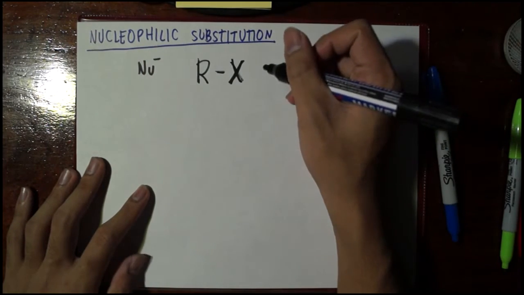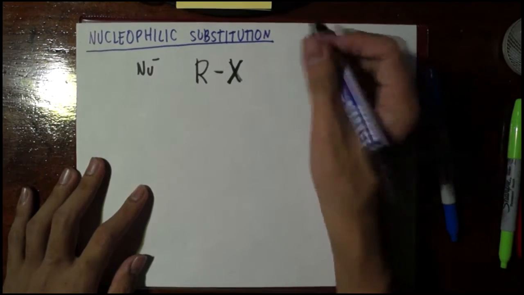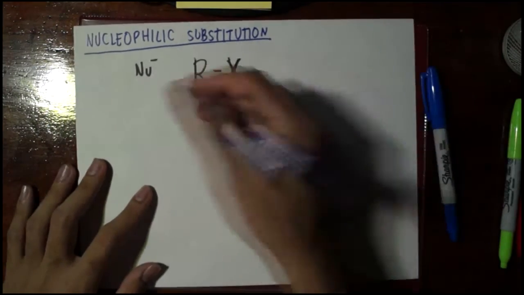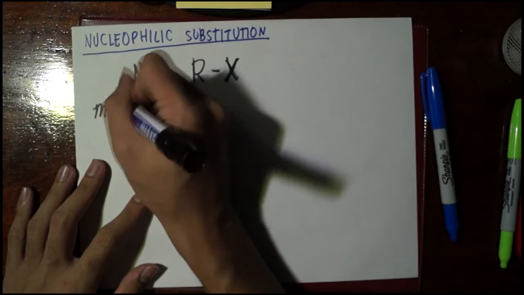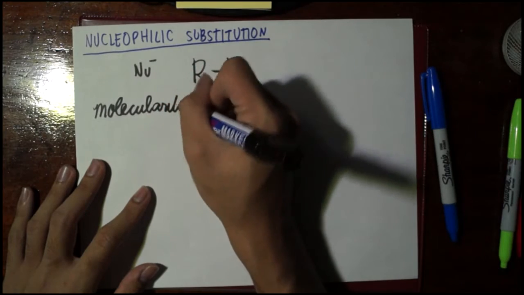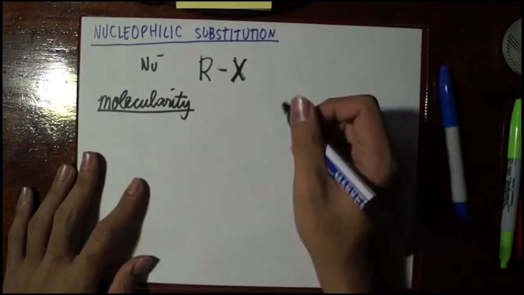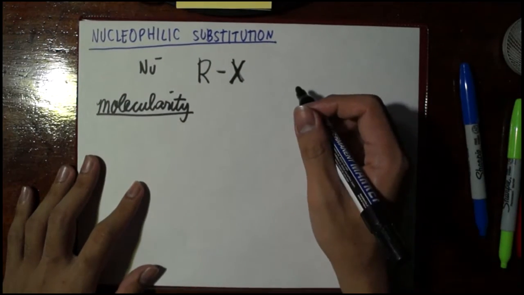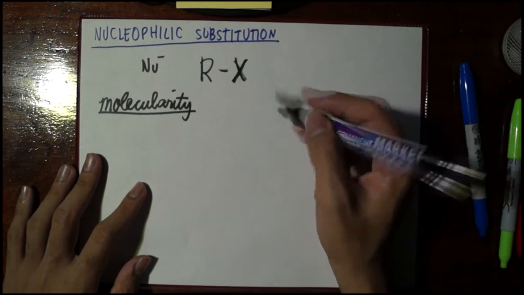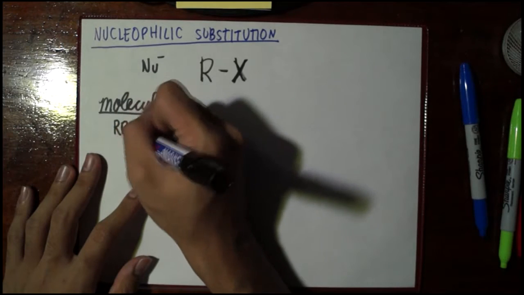So here there are actually two options that would happen in the reaction, and it would depend on what we say, the molecularity of the reaction. So when you say molecularity, how many molecules are there participating in the rate determining step?